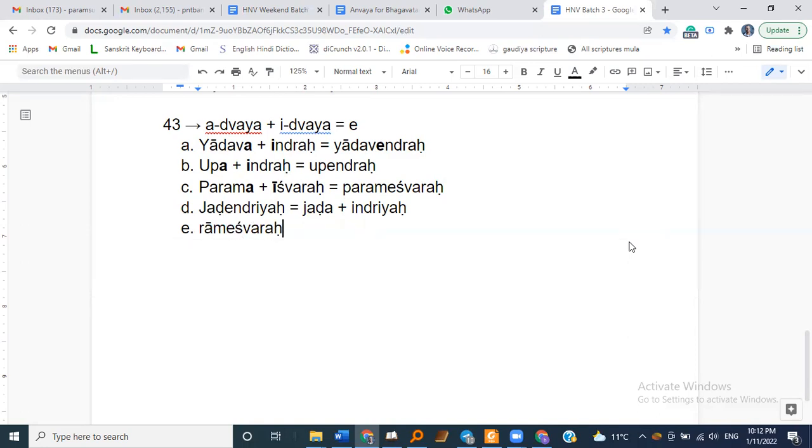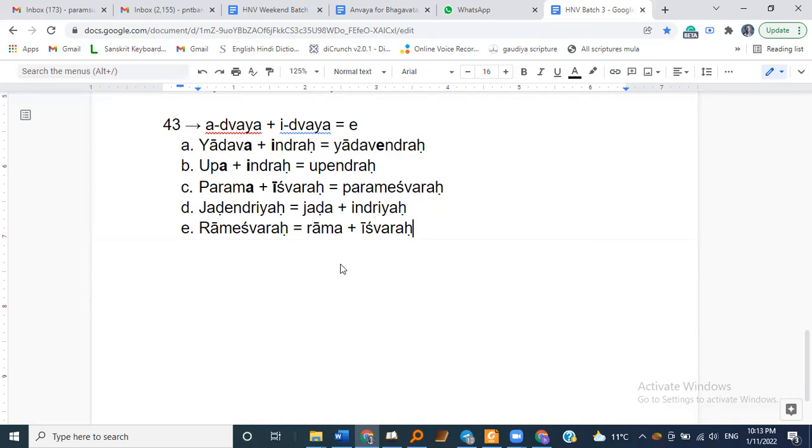Rameshwaraha. So the two words are Rama Yukta Ishvara. Rameshwara, ityadi. So this was the second rule, Advayam Idvay A.